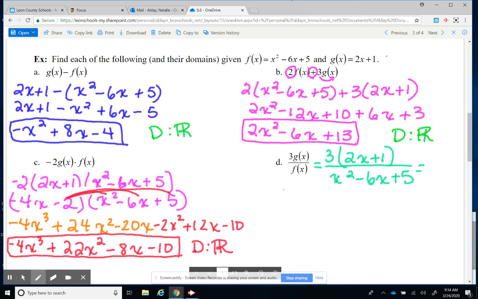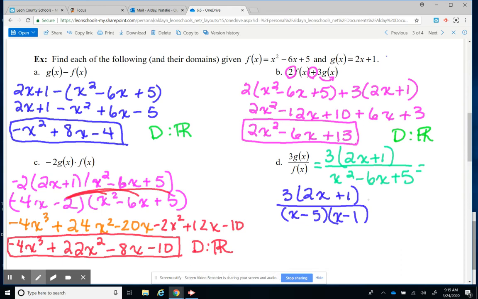So the numerator is 3 times 2x plus 1, and the denominator is x and x. You have to think of two numbers that when multiplied will give you 5, but when combined give you a negative 6. So it's going to be negative 5 and negative 1. Now, if you see here, there's nothing that can be canceled. That's your answer.